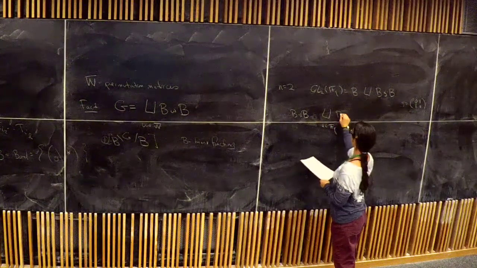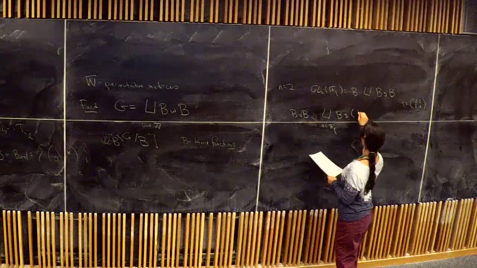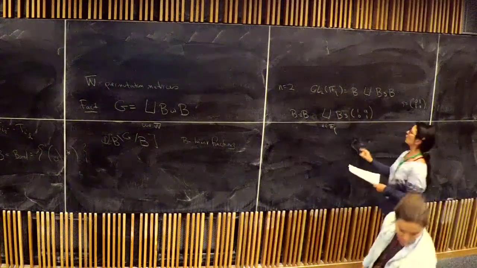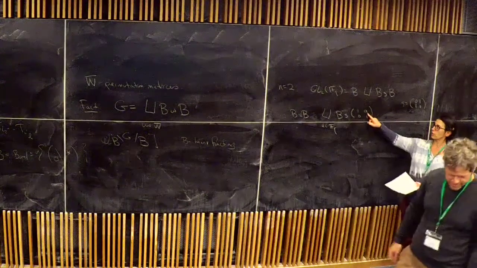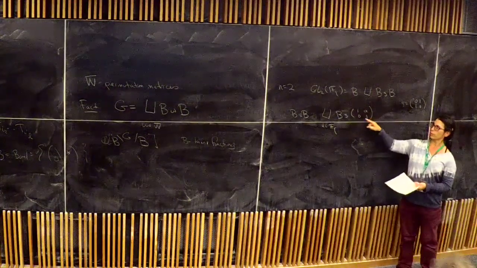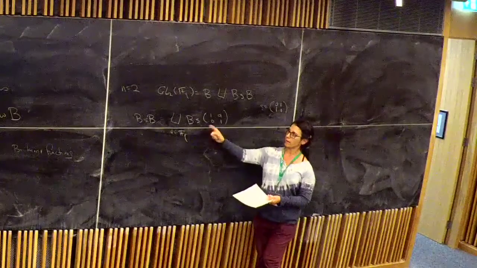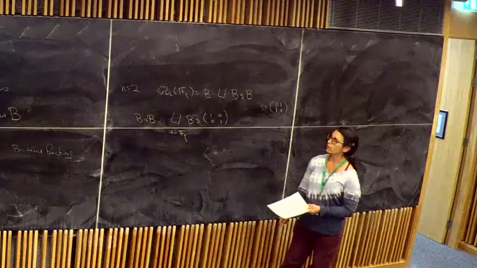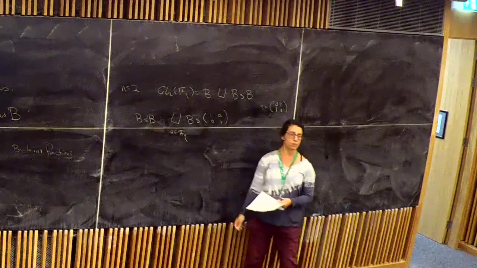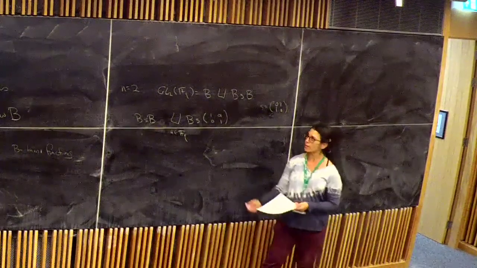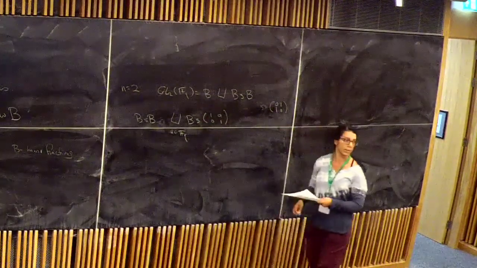I'm going to write it this way. Right, so you can take this unipotent guy, (1 a; 0 1) times s, where a ranges over F_q. This is how to write this double coset as a union of single cosets. And that basically tells you the size of this double coset.